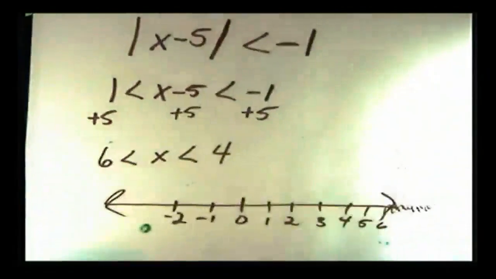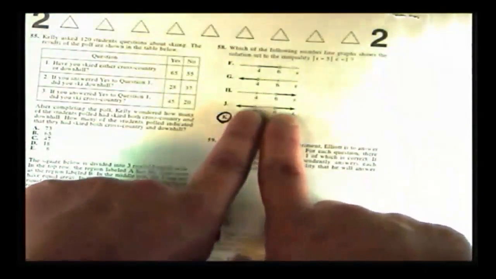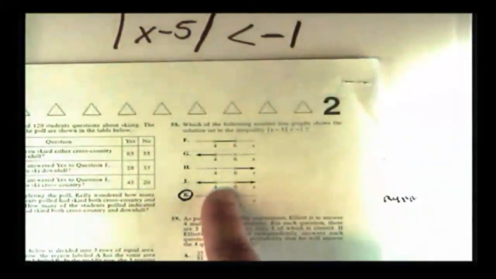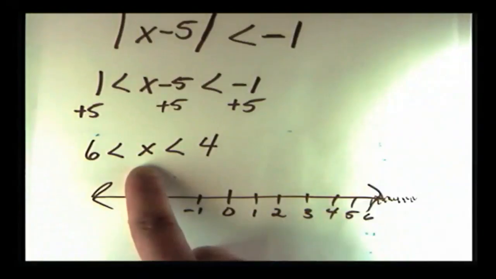So of your choices, you may consider this one, but this is a graph of one inequality. So this graph right here is saying x is less than 4 or x is greater than 6. And this equation right here is saying that x is less than 4 and greater than 6.